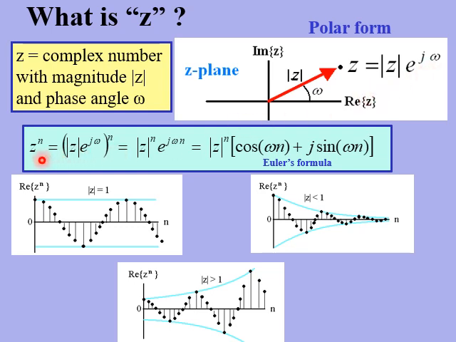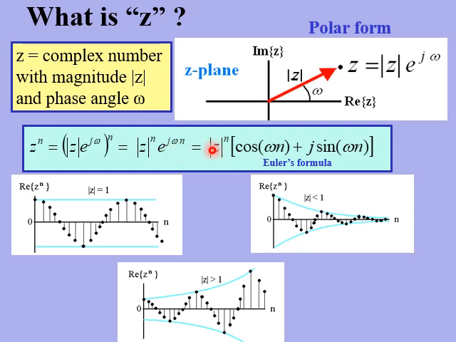We will be dealing with z to the nth power. So if we take our definition of z here in polar form and raise it to the nth power, we can distribute this n inside the parentheses, and we get the magnitude of z to the nth power times e to the j omega times n.